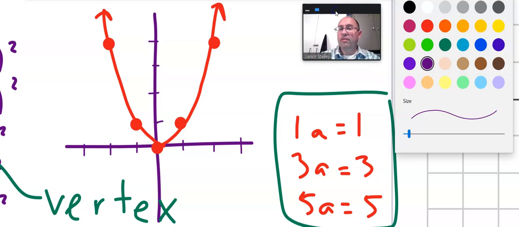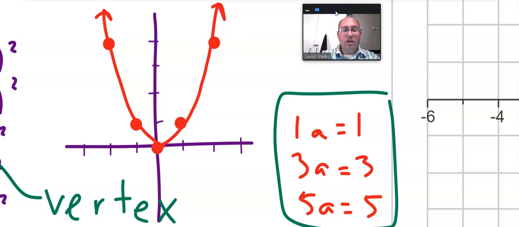There we go. All right, now, starting at the origin, if you move 1 unit to the right, then you follow A to find the next point. Since this is a positive number, that means I would move up 1 unit. Okay, so I found another dot.